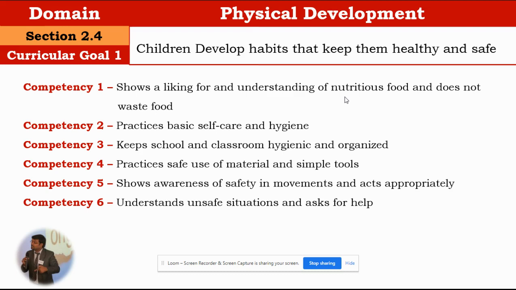We see whether the child gives logical reasons why some foods are classified as healthy and some as unhealthy, whether he eats from a variety of food groups like grains, vegetables, fruits, and so on, and whether he takes only that much portion which he or she can consume, so that he or she does not waste the food, and whether he or she eats without spilling. This is how we check competency number one.